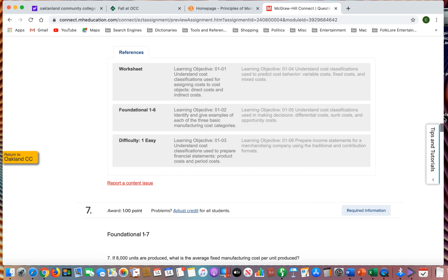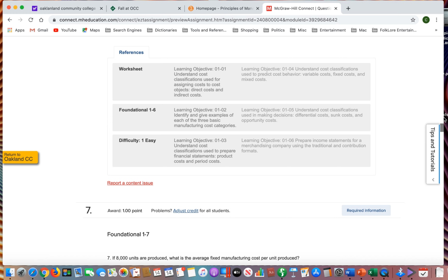Number 7. Now here's where we have to be careful, folks. We have to be careful. So let's take our time with this. If 8,000 units are produced, what is the average fixed manufacturing cost per unit? Now we want the average fixed manufacturing cost.